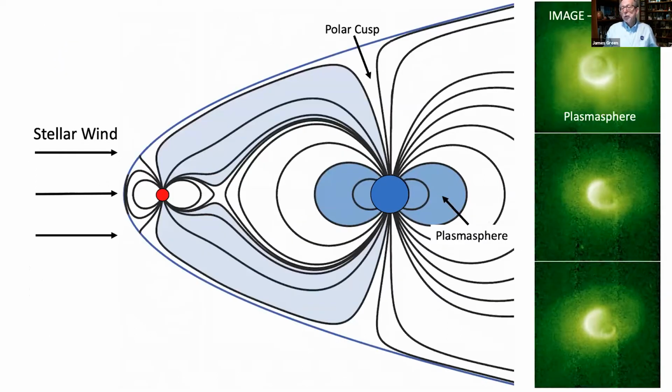Relative to the closed field lines, in this particular example we can look at data from the IMAGE satellite. The EUV instrument has observed the plasmasphere, and indeed those closed field lines capture the ionospheric outflow. In this simple cartoon, it creates the plasmasphere.